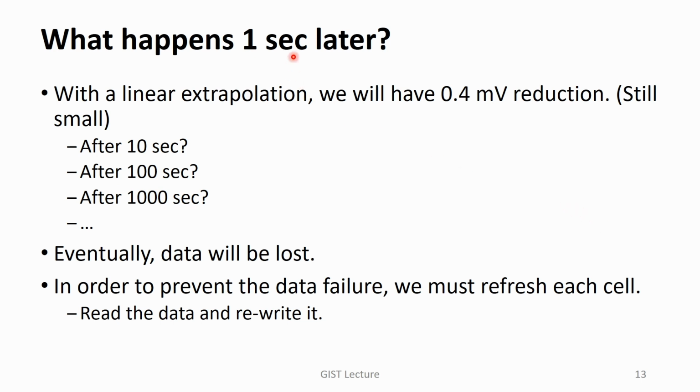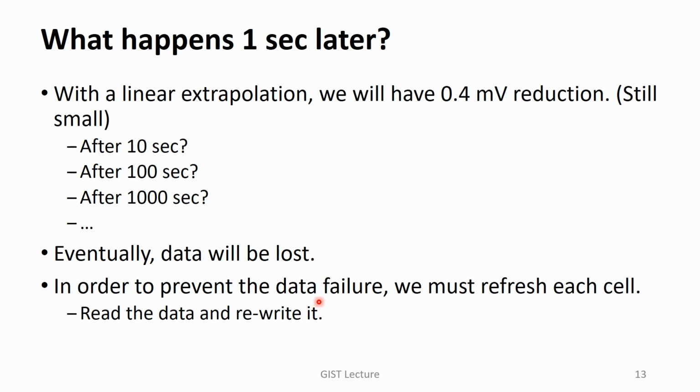Then, how about 1 second later? With a linear extrapolation, the reduction will be about 0.4 millivolt, still small. Then, after 10 seconds, after 100 seconds, after 1000 seconds, well, eventually, the stored data will be lost. Once the data is lost, the read operation will have a result of 0.